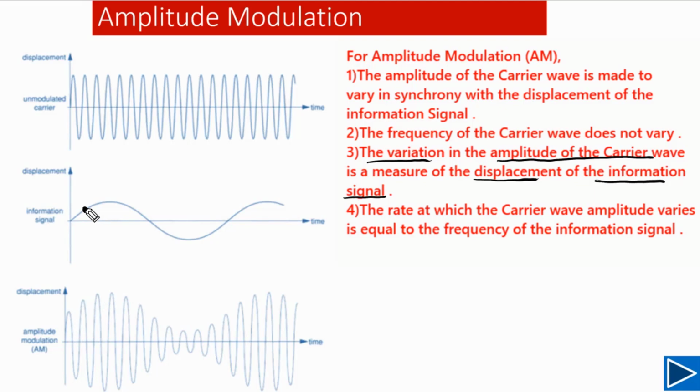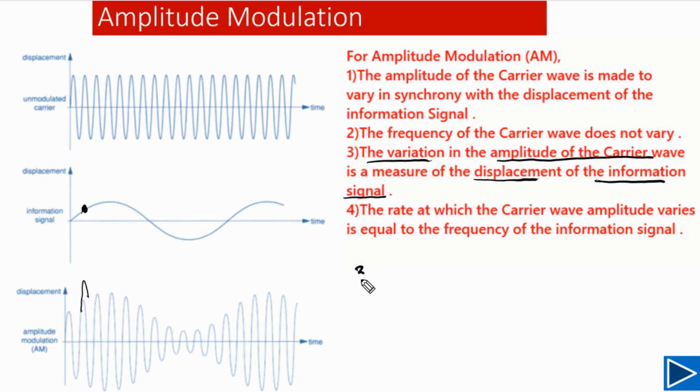If this displacement is bigger, the change will be bigger, meaning the amplitude of this one will be bigger. When the displacement of information signal is small, the change in the amplitude of carrier wave will be small, and we will also see the small change in the amplitude of modulated wave.